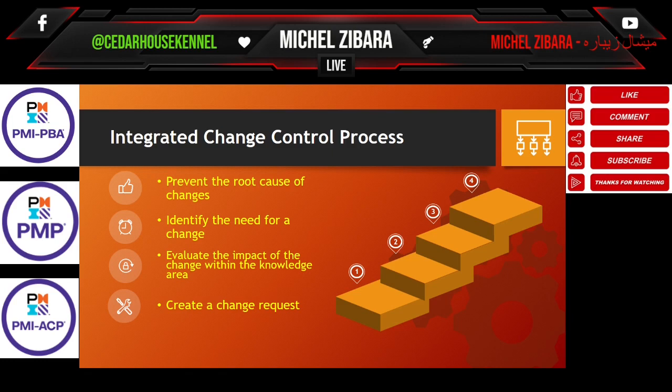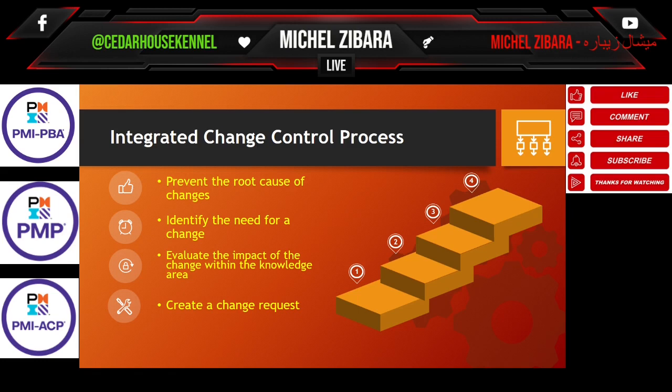PMI has an exam which tests you for applying Agile methodologies, the PMI-ACP, Agile Certified Practitioner. In PMP, we are going to focus on the plan-driven, predictive, waterfall approach, and that is trying to prevent changes on the project.